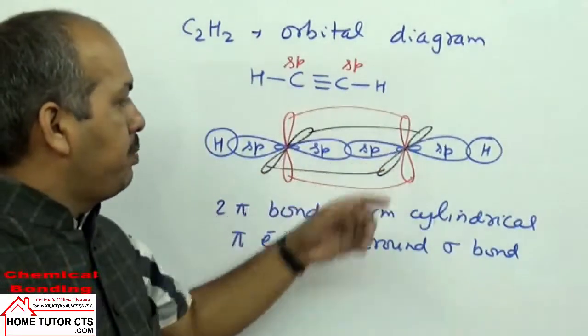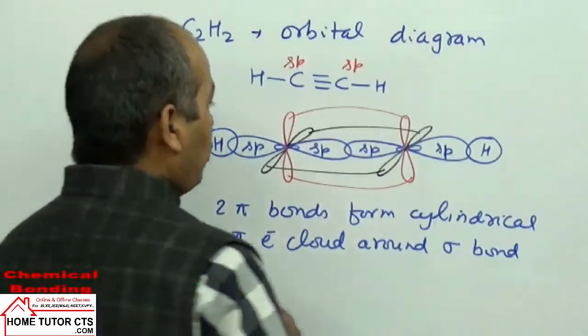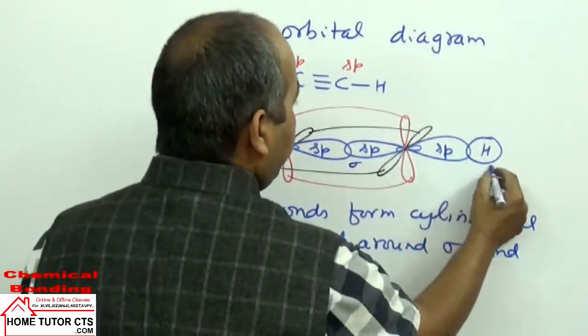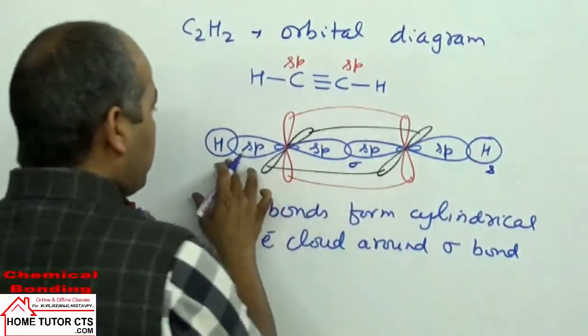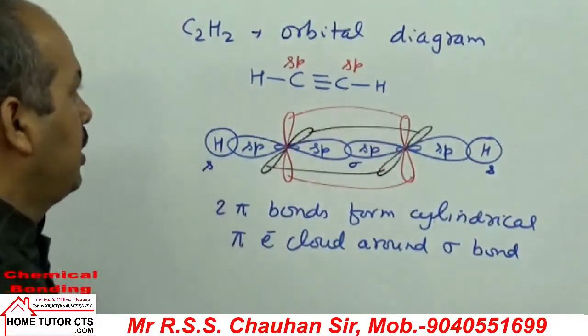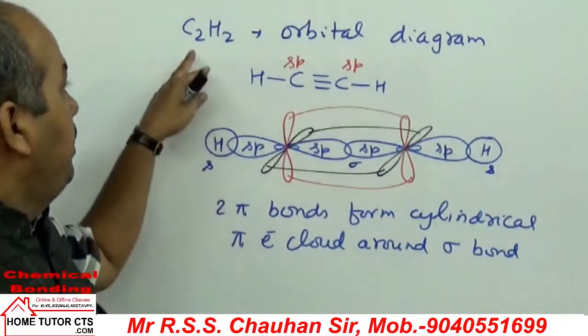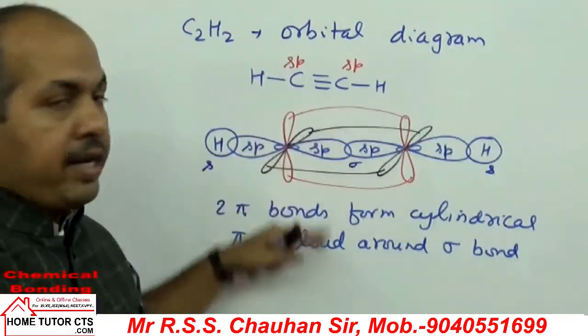So they have sp hybrid orbitals which form sigma bond 1, and it is an sp-s sigma bond, and again an sp-s sigma bond. That is what we can draw in the ethyne molecule, the orbital diagram.